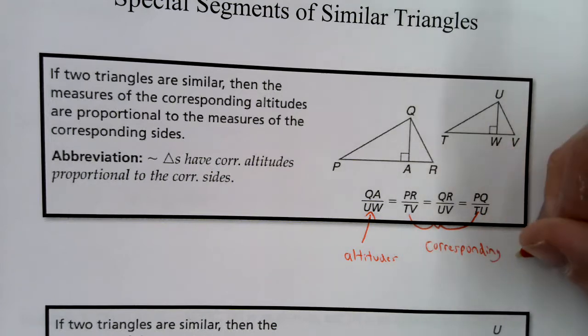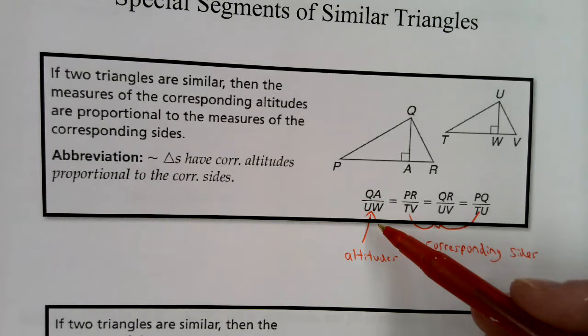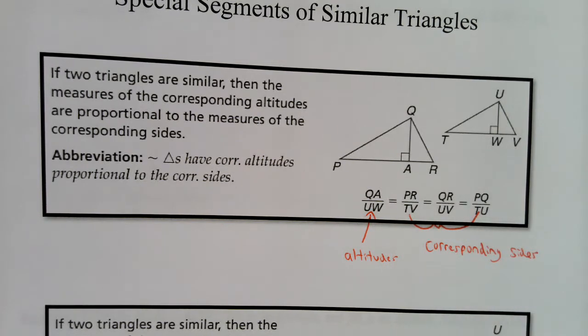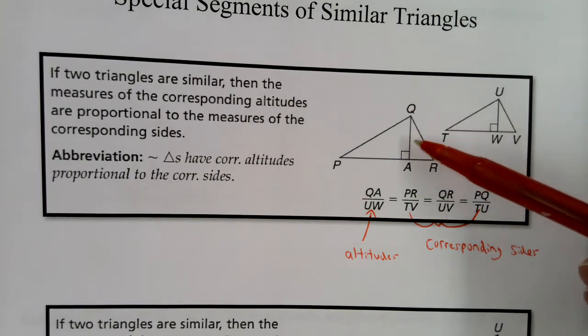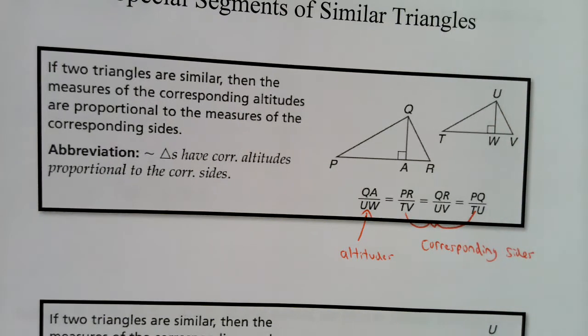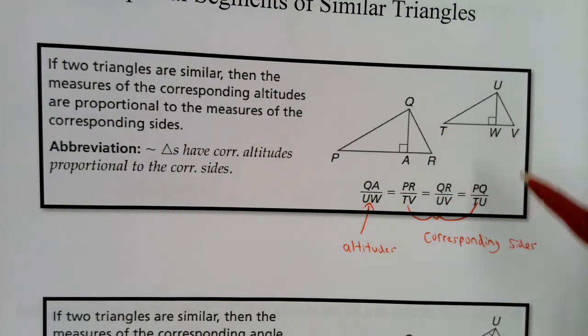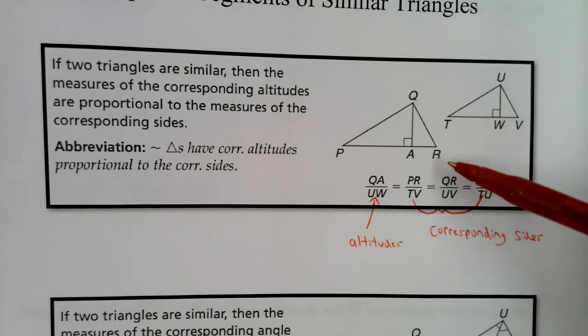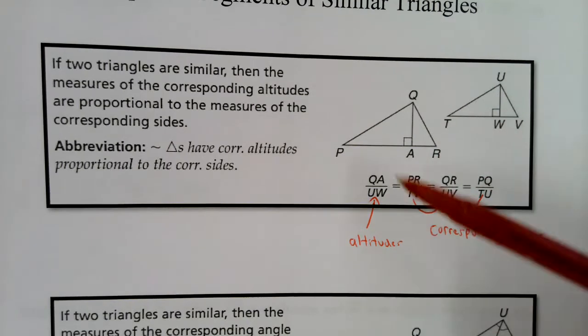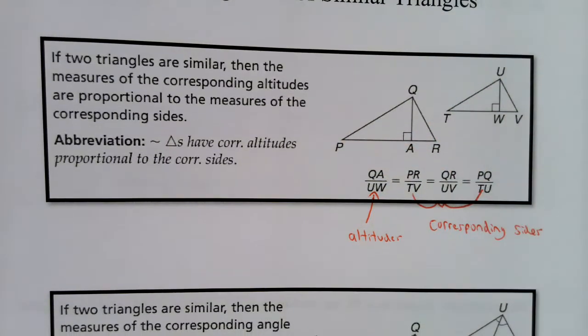The altitudes are proportional to the corresponding sides. So you can say that QA over UW equals PR over TV, which equals QR over UV, which equals PQ over TU. Okay? That's the first one you need to know.